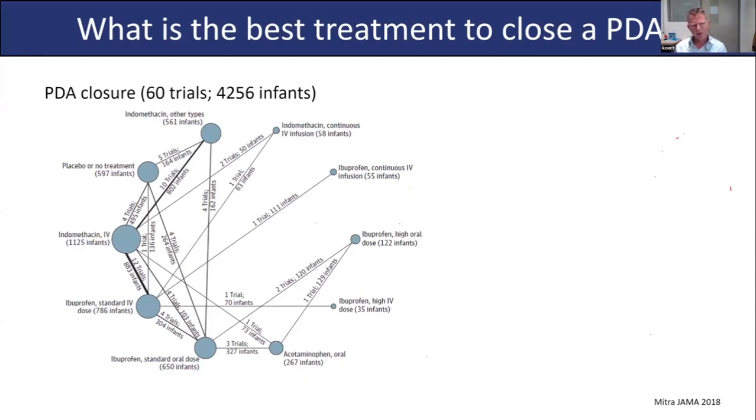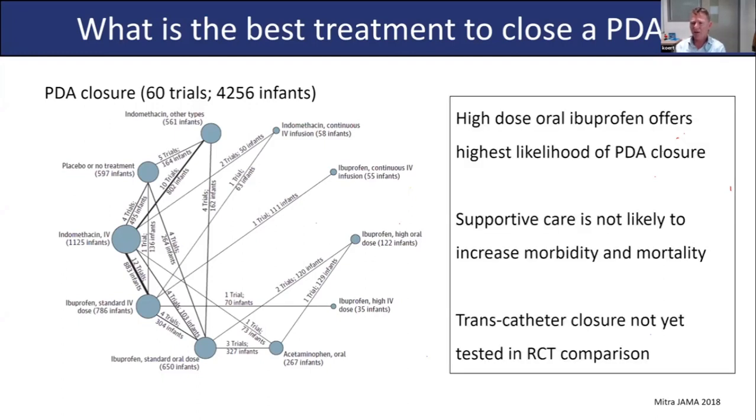He found 60 trials, over 4,000 infants. And the one which came out best was actually high-dose oral ibuprofen, which had the highest likelihood of PDA closure.